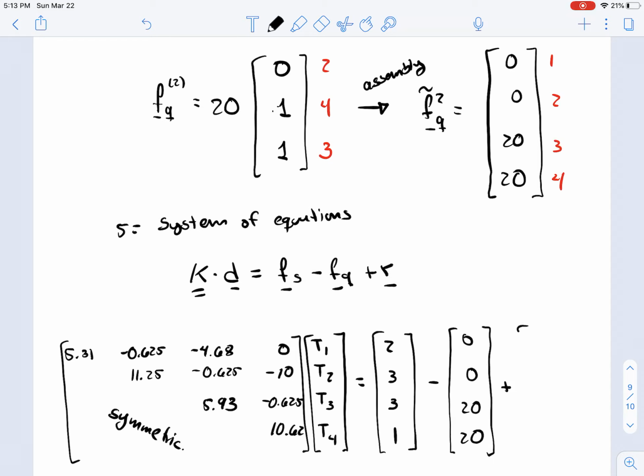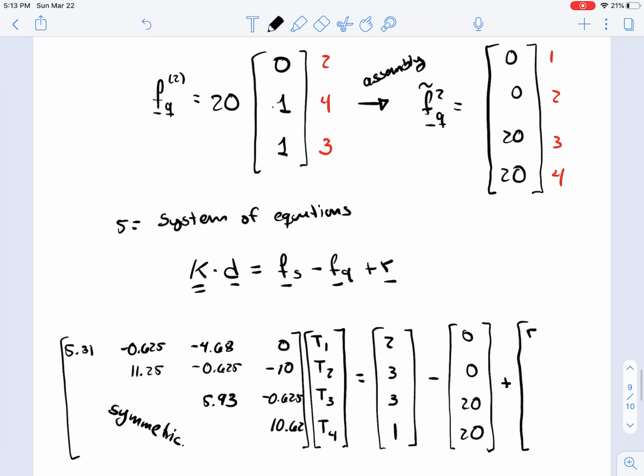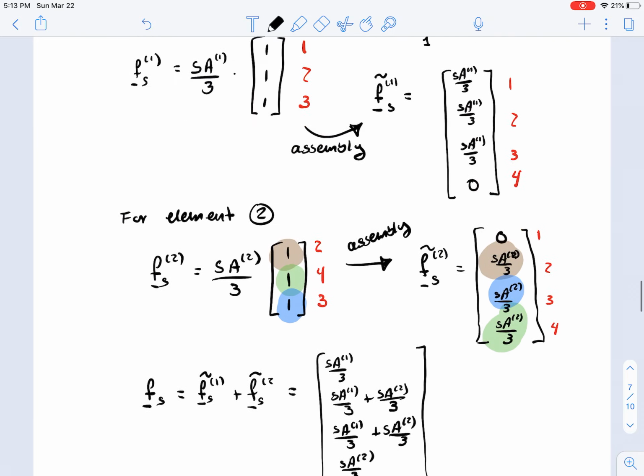Plus the reactions, and that one is basically the nodes that have a fixed value for the temperature should have a reaction, so should have an extra flux. So the first 3 nodes are the ones that are on the essential boundary.